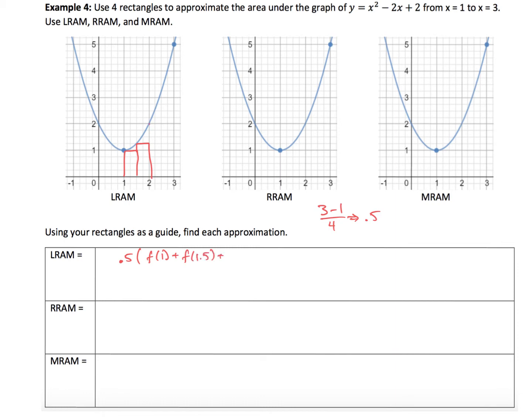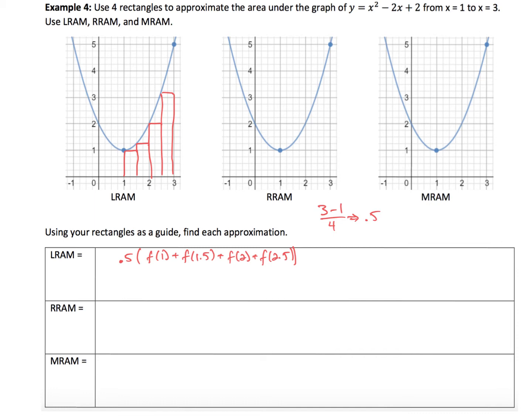And then plus f of what? What would be my next function value? f of 2. And then plus f of what? 2.5. And then f of? No, we're done, because if I kept going, I'd actually go past 3 since I'd be going from the left.